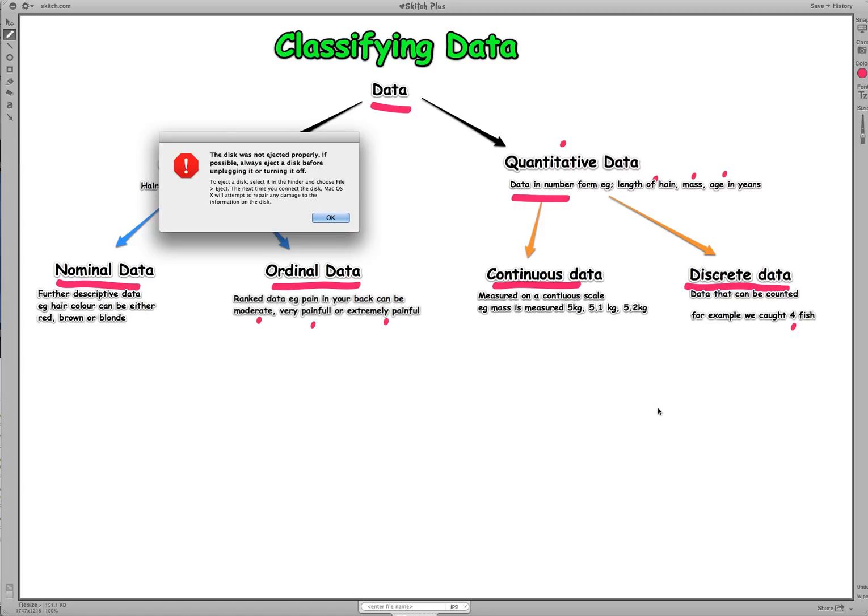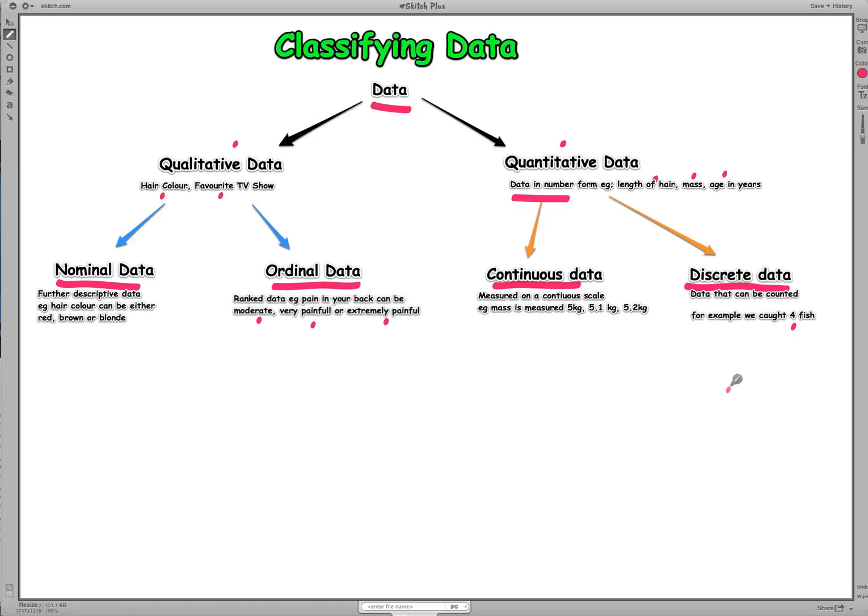We can't catch 5.3 fish, but we can catch 4 fish or we can catch 5 fish. So that quantitative data is discrete. It has a number attached to it, but it is discrete in the sense that we can only catch a whole number of fish.